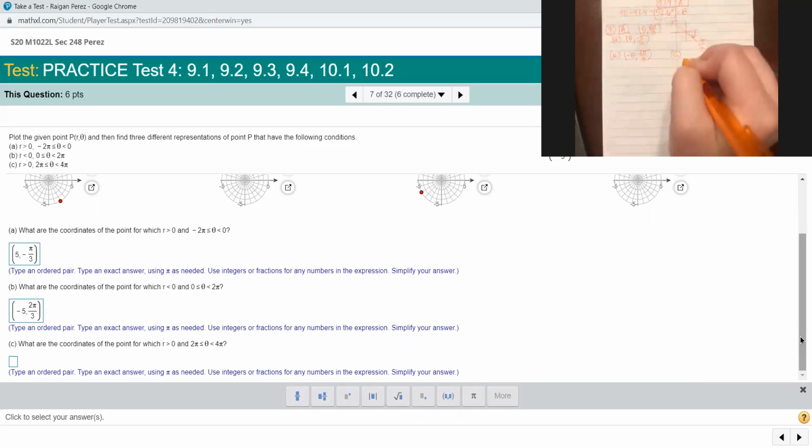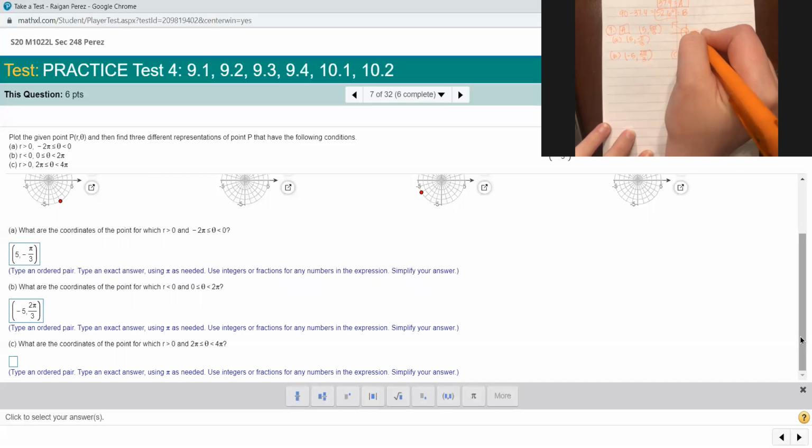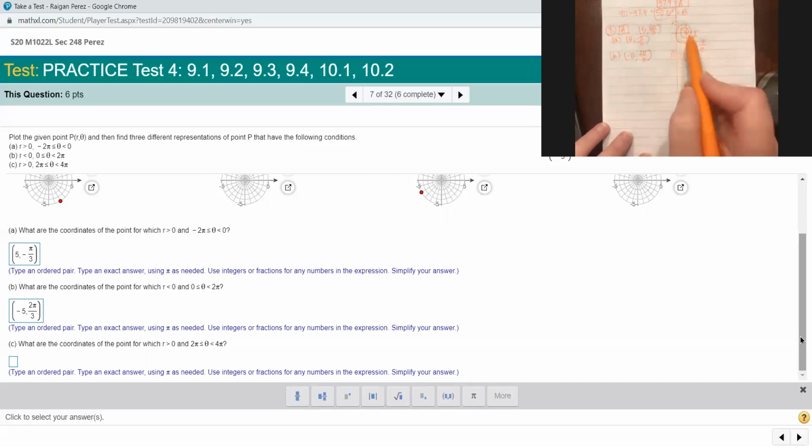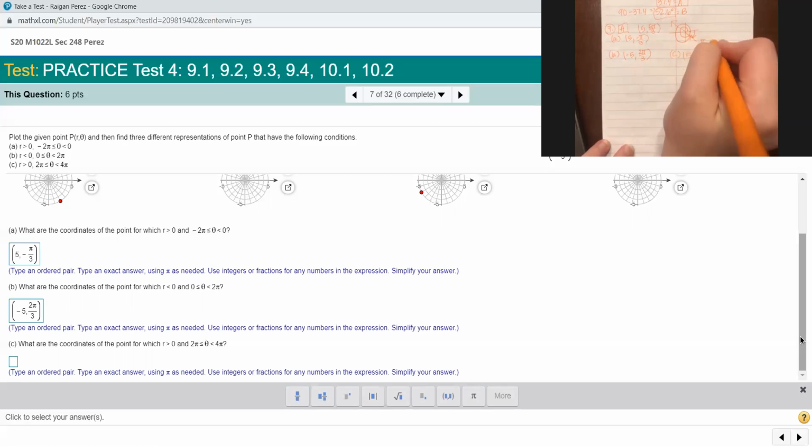is R is positive, so we're back to positive 5, and it goes all the way around full circle. So that means it's going all the way around once, and then all the way back around again. So it's at a pi over 3, so if I go all the way around once is 6 pi over 3, 3 more is 9, all the way around would have been 12, so 1 less than that is 11 pi over 3.